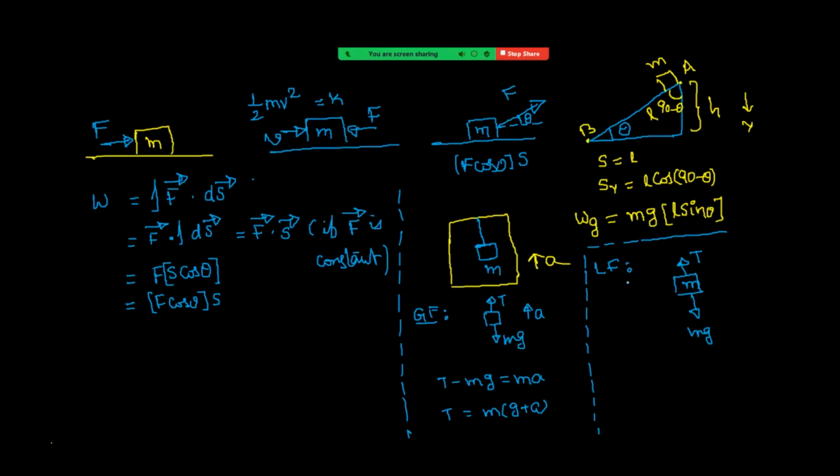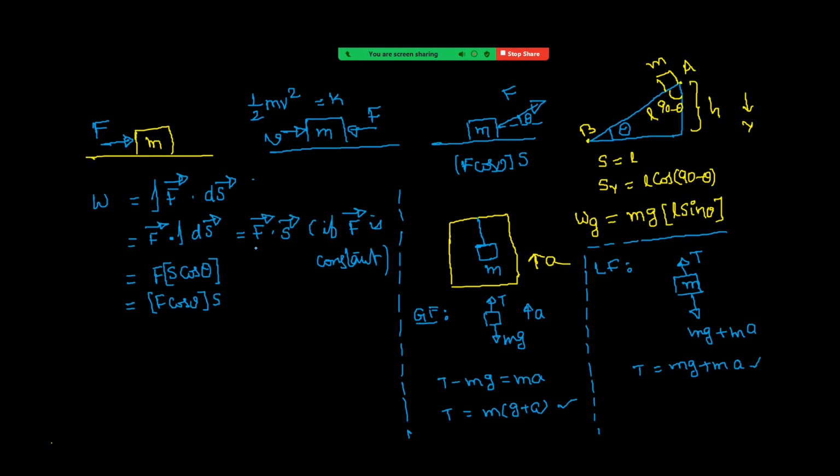Since acceleration is upwards, pseudo force will be downwards, so plus ma. And in the lift frame, the block is at rest. That means net force equals 0. Then we can write T equals mg plus ma. Right. That means we got the same tension in the ground frame and the lift frame.